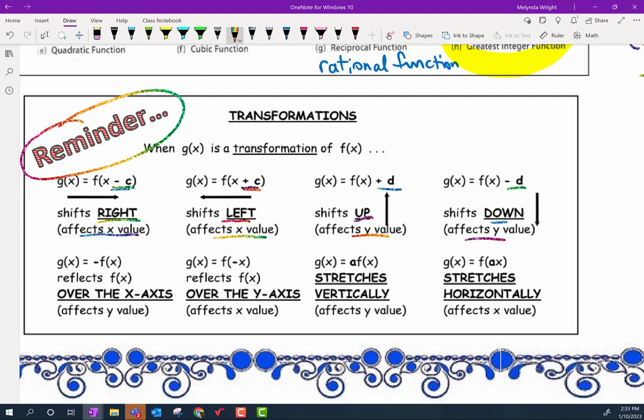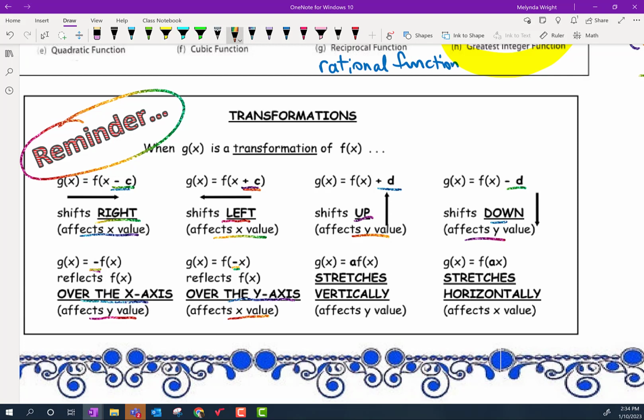Let's look at multiplying. If we were to multiply, this one is like negative 1 is outside, then what that does is it reflects the graph over the x-axis and changes the y value. If the negative is inside with the x, it reflects over the y-axis and changes the x value.